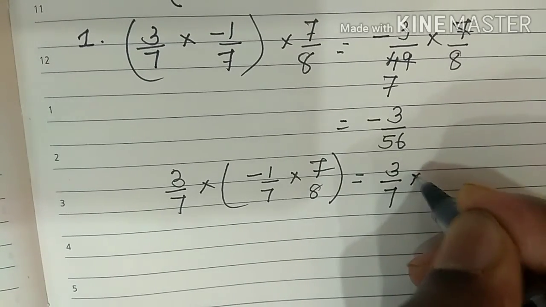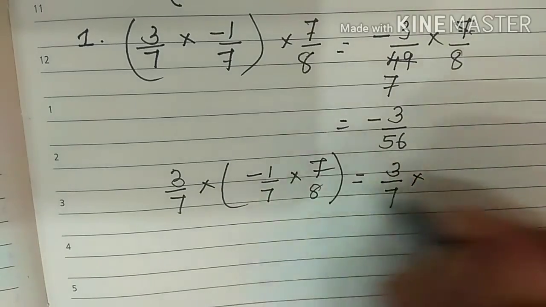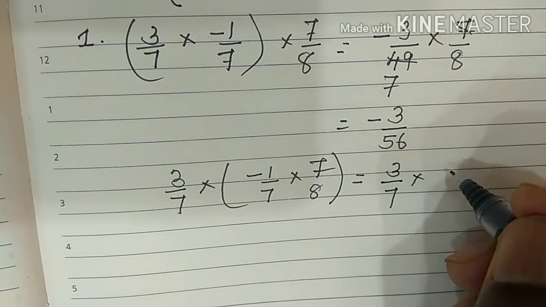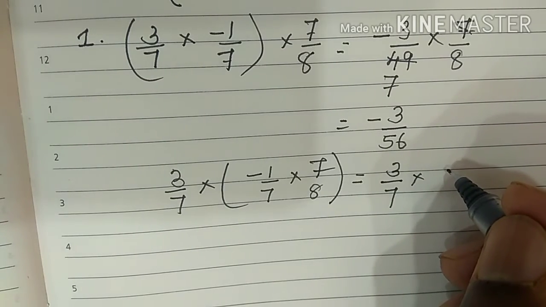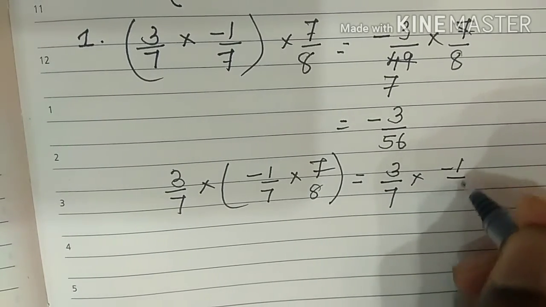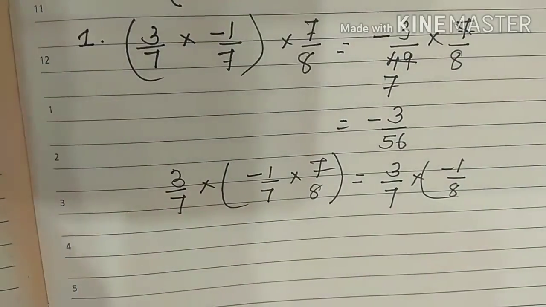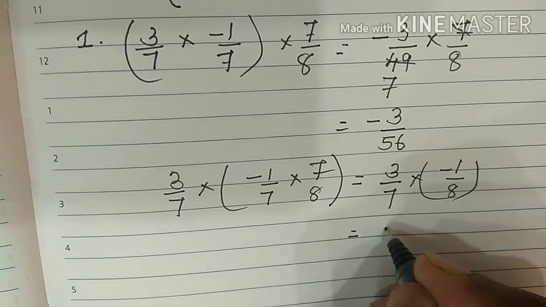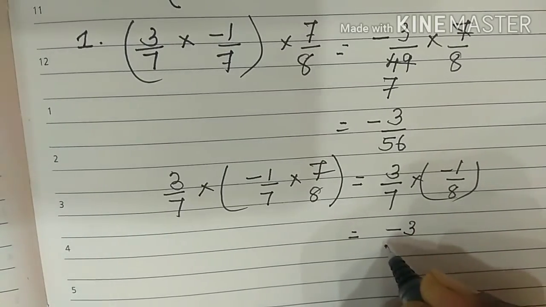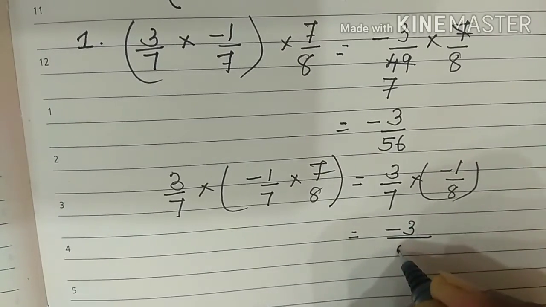Now we'll do the multiplication here. That is 7 can be cancelled. So this is minus 1 by 8. Okay, so that is 3 into minus 1, that is minus 3 by 7 8s are 56.